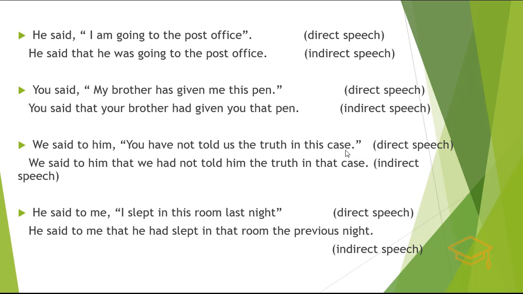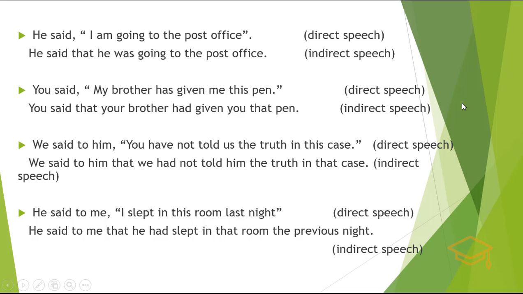So here are other examples. He said, "I am going to the post office." He said that he was going to the post office. I changed the pronoun "I" into "he" and "am going" into the past continuous, that is "was going" to the post office. The second example is, you said, "My brother has given me this pen."